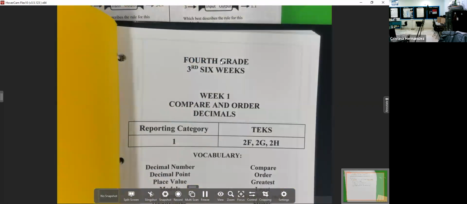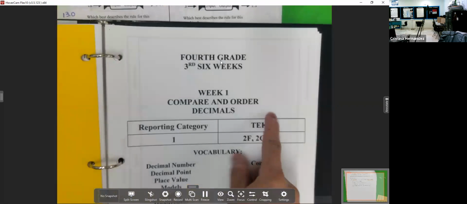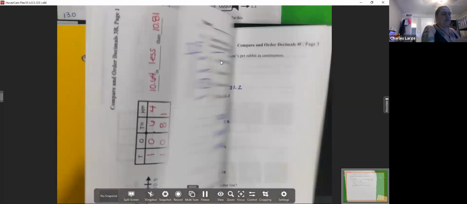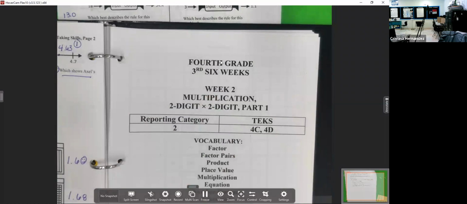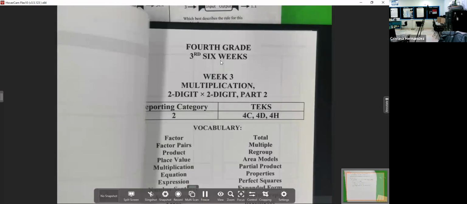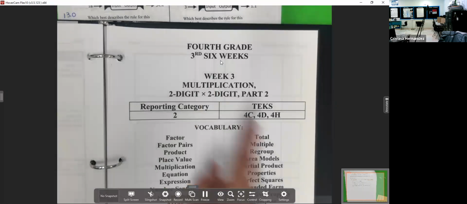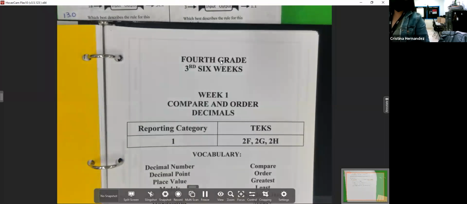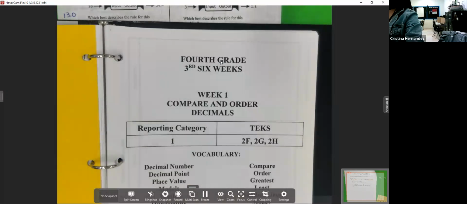You could label it by weeks if you wanted to. You could put a sticky note here saying week 1, and then it will go back and say week 2. Then it will go and say week 2. And then if you have extra dividers, it's got the concept broken up by weeks. I don't have that broken down individually, but if you wanted to put a sticky note on the side and put like week 1, week 2, week 3.